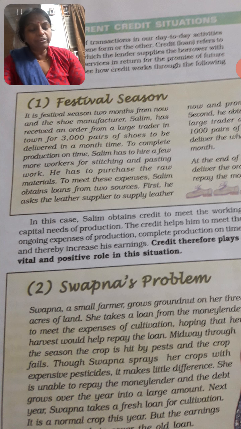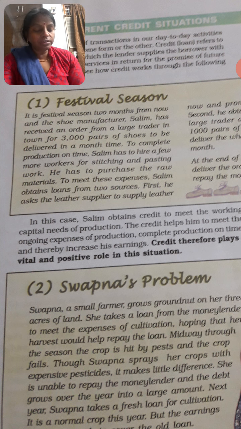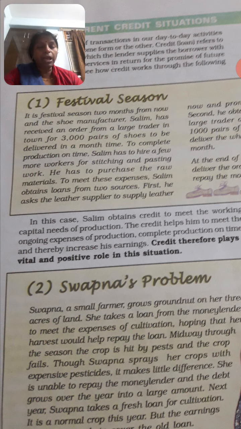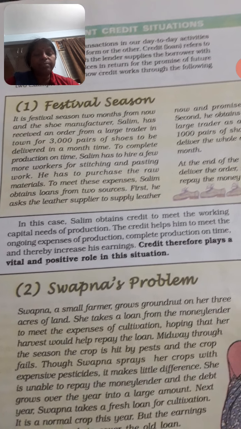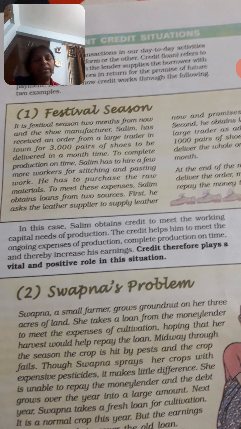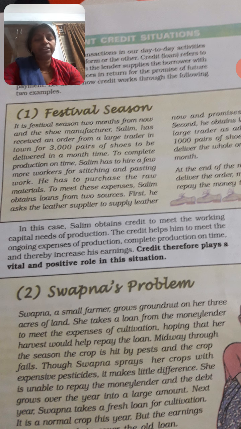But midway through the season the crop is hit by pests and the crop fails. She sprayed costly pesticides but it did not work, and she is now unable to repay the money lender, and the debt or the loan amount grew because of the higher interest that was charged by the money lender.